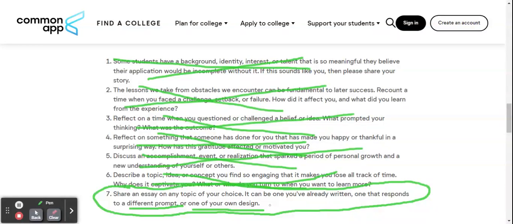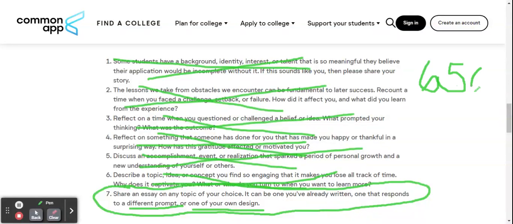So, Right Writers, I hope this overview of each of the prompts together in one video was helpful. Take the time to figure out who you are first. Figure out what experiences you have had. What values do you bring to a campus?